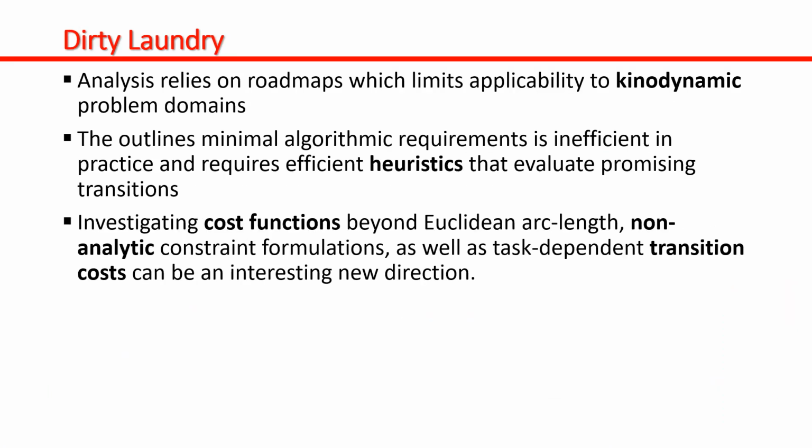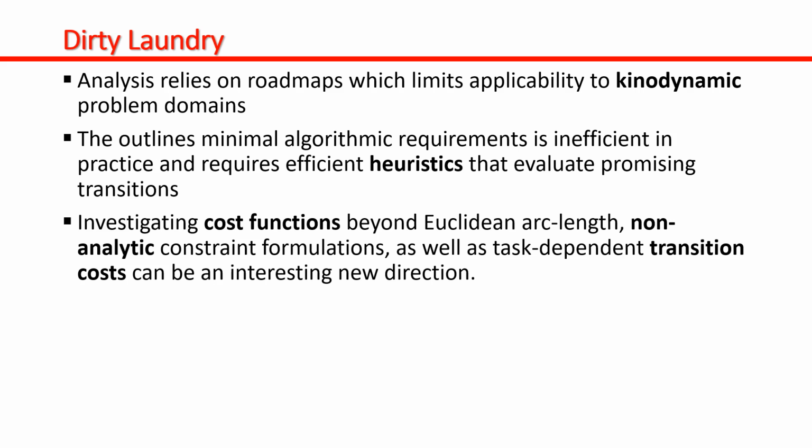Now, of course, there are some things we have not addressed in the current work. Even though we have relaxed some of the assumptions from previous work, we still leverage some considerations that require the spaces that we described to be well behaved. And our reliance on roadmaps also limits applicability to kinodynamic domains.